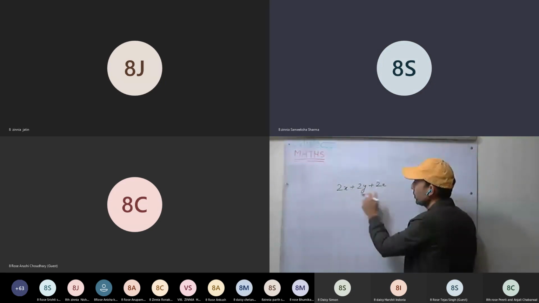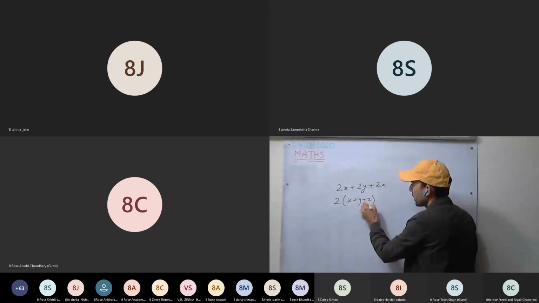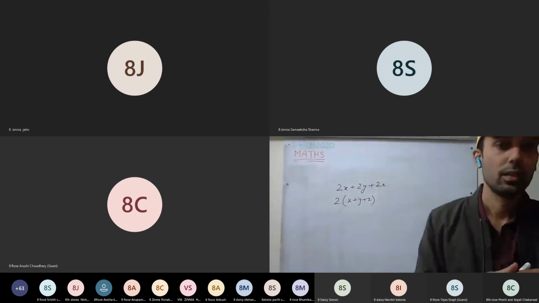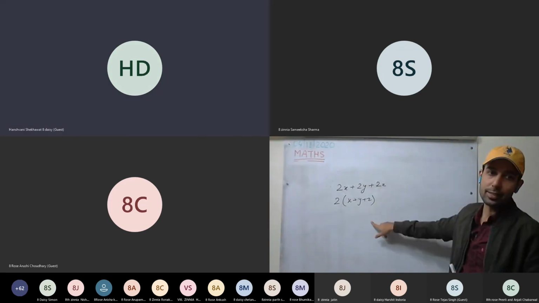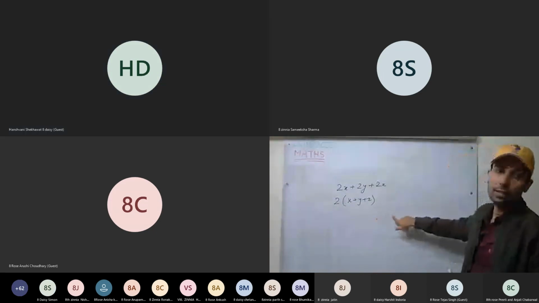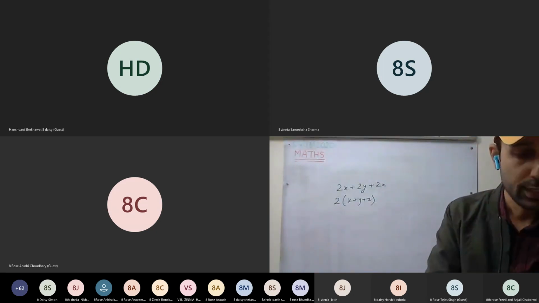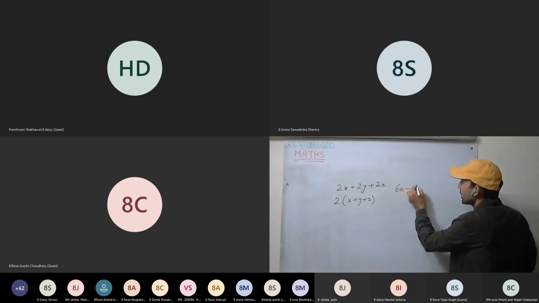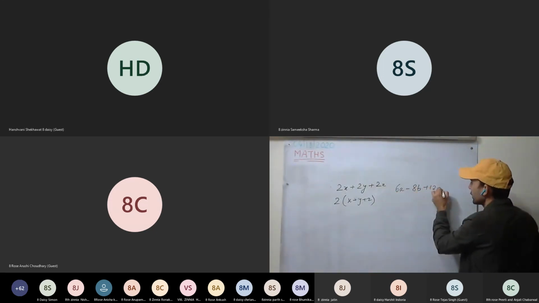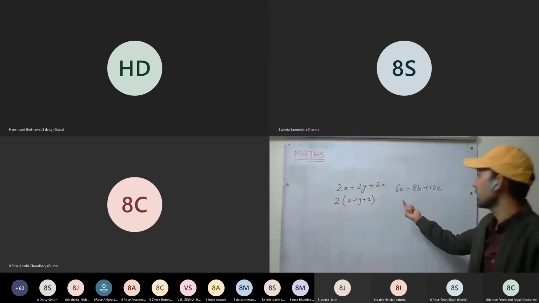So what can we take common? 2 times x plus y plus z. Okay. Next one: 6a minus 8b plus 12c. Answer, Priyanshi, 8 Rows.